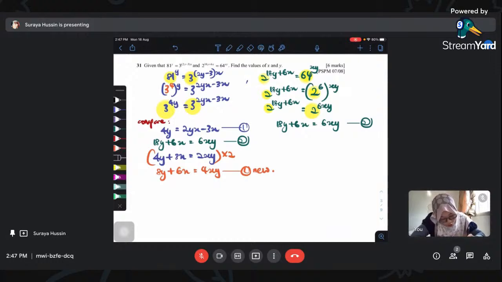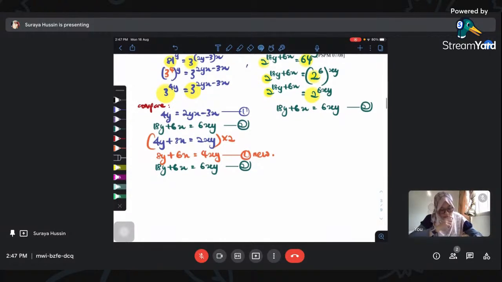And so, I duplicate this back sebab I want them to be closer. Bila I make it closer, I can now eliminate this part and this part by equation 1 tolak equation 2.